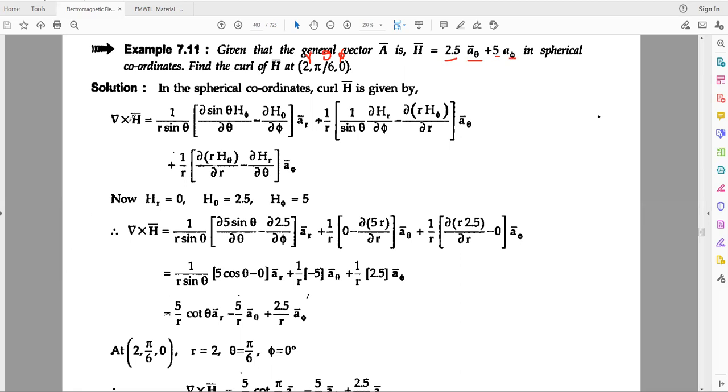So del cross H bar has an AR bar coefficient, an A theta bar coefficient and an A phi bar coefficient.